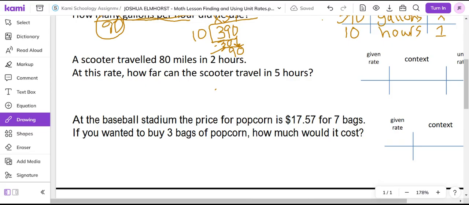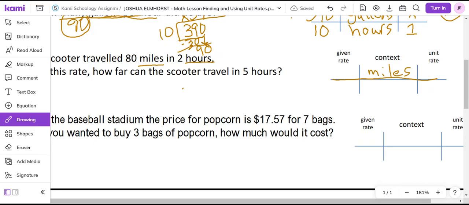Looking at the context within the problem, what 2 things are being compared? All right, miles and hours. So we're going to fill in our ratio over here, the ratio comparison, miles to hours. And then we fill in our given ratio. How many miles did we start with?